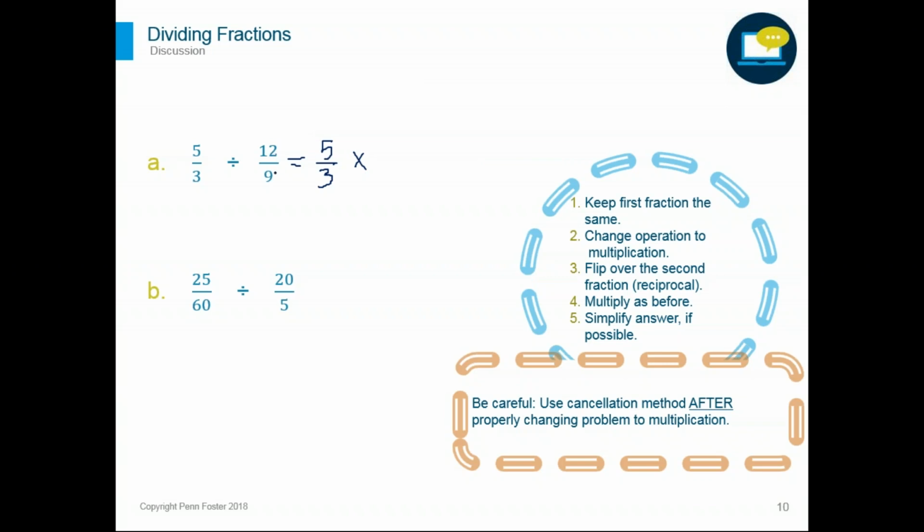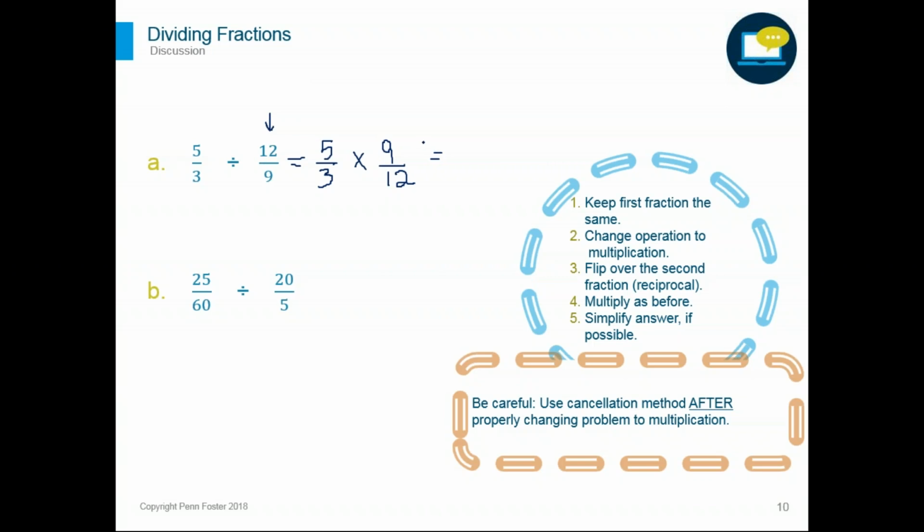Well, it was 12/9, so it'll become 9/12, the reverse of the fraction. Now it's a multiplication problem. Multiplying times the reciprocal is equivalent to dividing by the original second fraction. So if I'm able to cancel out the factors and multiply across, I'll be able to find the quotient.